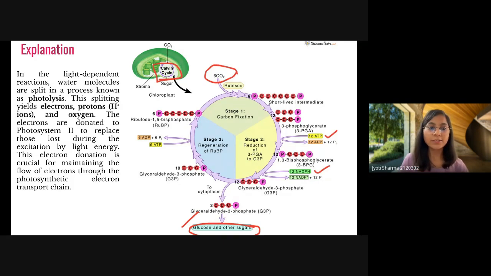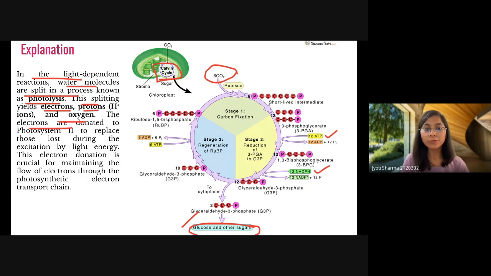So just you can see here, in the light dependent reaction, water molecules are split in the process known as photolysis. So in the presence of photons, in the presence of sunlight, water will be split. This splitting yields electron, proton, and oxygen.